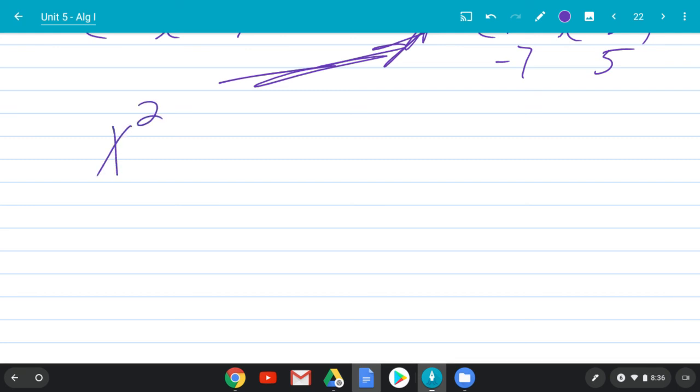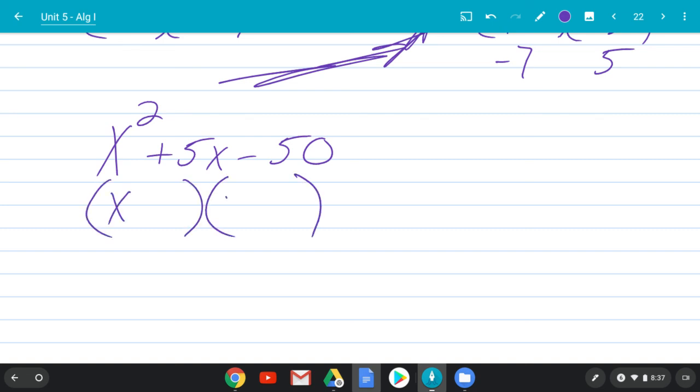Let's go. x squared plus 5x minus 50. Oh boy. Is there a GCF? No. Is there a leading coefficient? No. So split signs. There we go. Put an x in each.